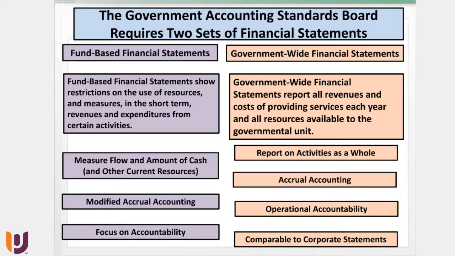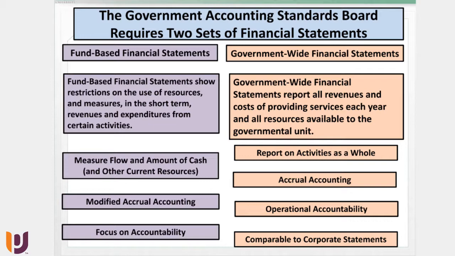In 1999, in order to satisfy everyone's financial information needs, GASB began requiring the production of distinct sets of financial statements. The first is the fund-based financial statement. The second is the government-wide financial statement.